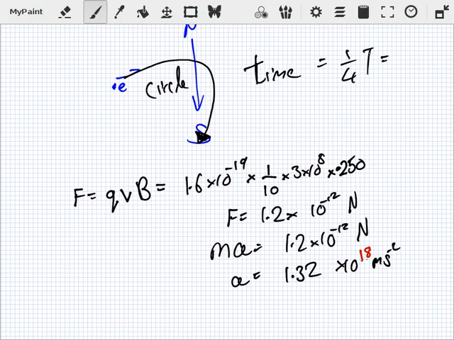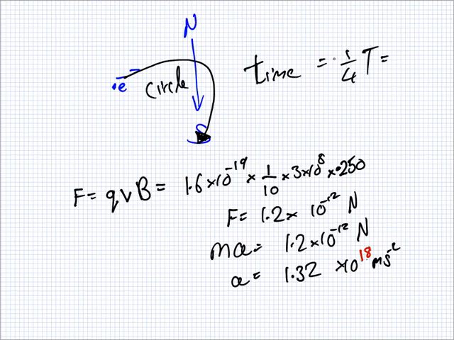And what's the formula for the periodic time for a circle? Do you remember? It's 2 pi over omega. So a quarter of that would be pi over 2 omega, because it only does 1/4 of a circle. It comes along like this and then turns for a quarter.